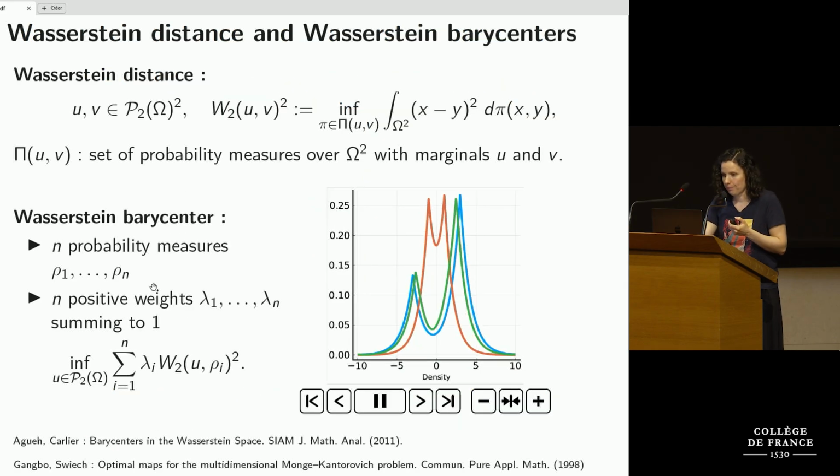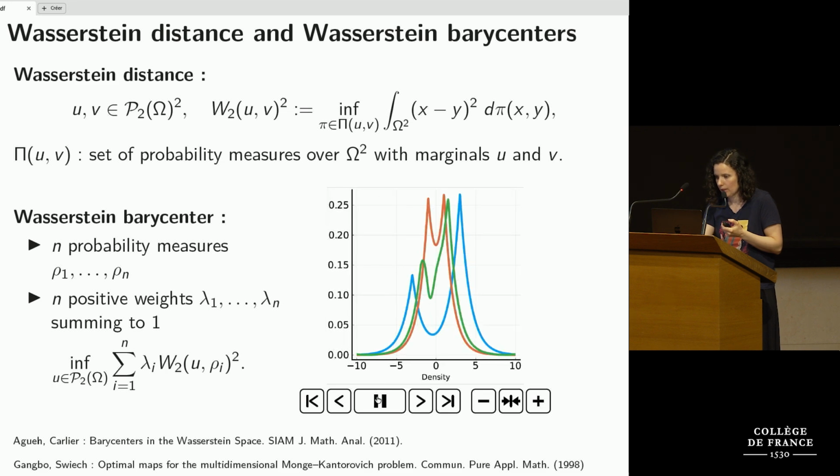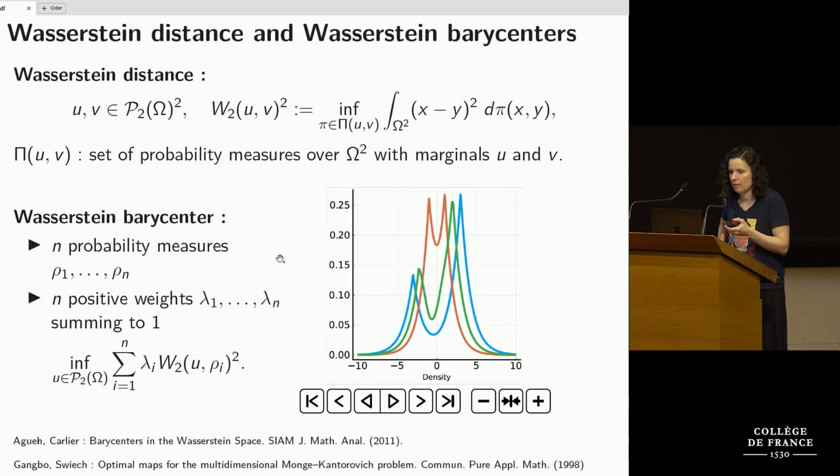Okay, so the Wasserstein distance. Here we used the two-Wasserstein distance, which goes back to Monge and is defined here in this Kantorovich formulation as the infimum over all transport plans with some marginal constraints of some transport cost.